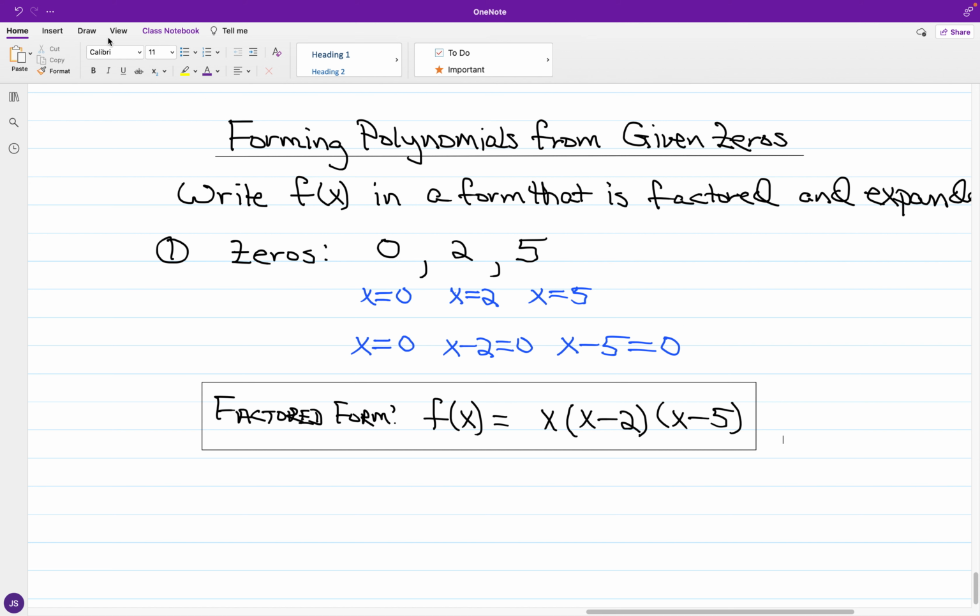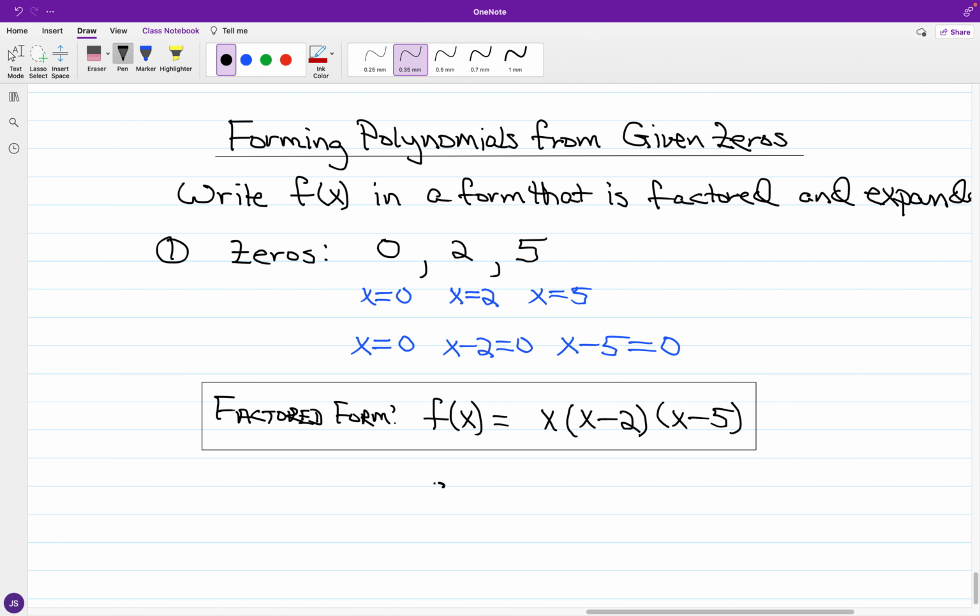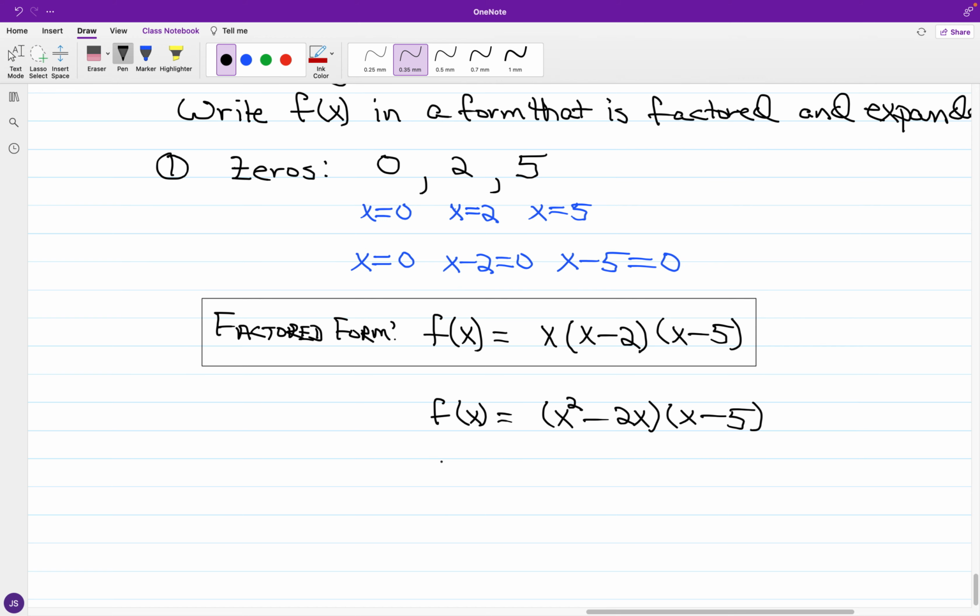Now looking at expanding, if I were to multiply these expressions together, you have x times the quantity x minus 2, and so you have x squared minus 2x. Then I can just multiply by x minus 5. If I were to FOIL out, I have x squared minus 2x from x times the quantity x minus 2.